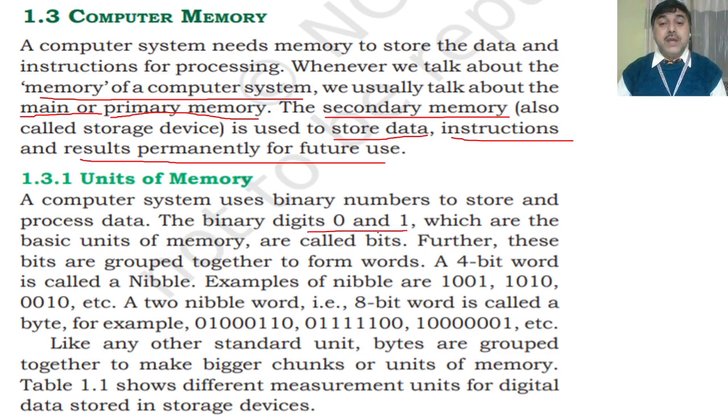The things to be stored are accumulated in this way, and are further divided into bits. Bits are grouped into words. A 4-bit word is called a nibble. When we have 4 bits, that group is called a nibble.